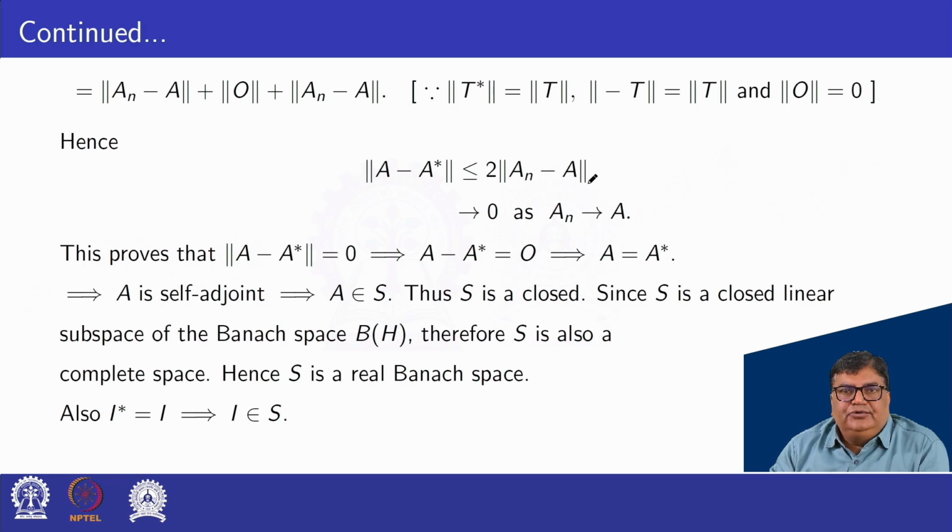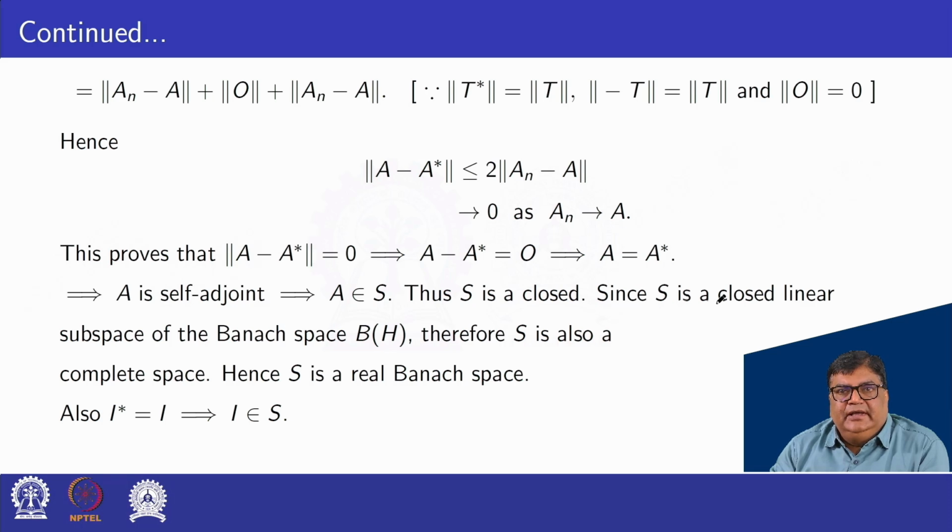Here An converges to A, so this tends to 0 as n tends to infinity. Therefore, norm of A minus A star is equal to 0. This implies that A minus A star is the zero operator, that is, A is equal to A star. This implies that A is self-adjoint, which implies that A belonging to S. Thus, S is closed.